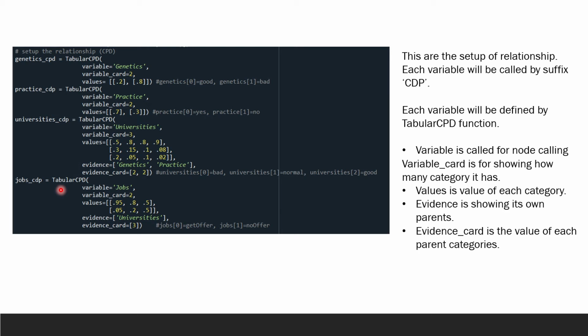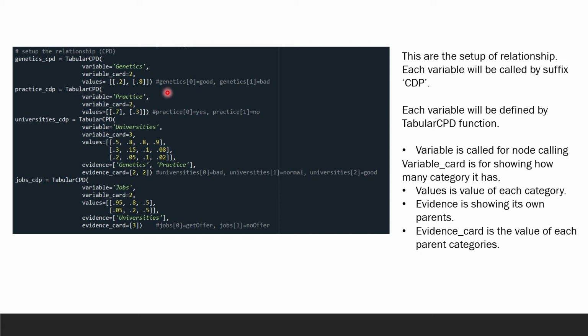Let's see how its parameters should be adjusted. The first parameter is variable, which is the node being defined. Variable_card is for showing how many categories it has. For example, we have the practice CPD here.